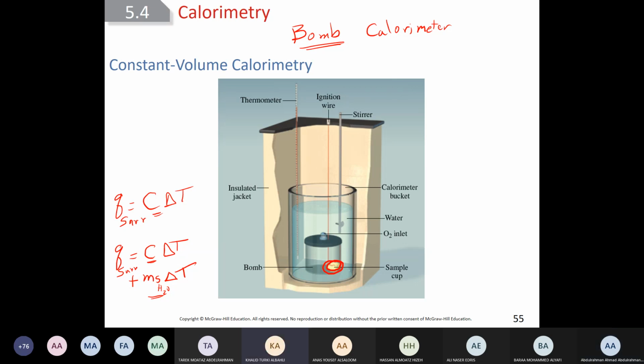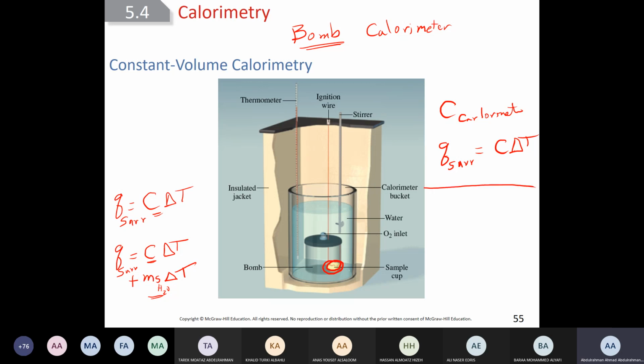Why do we do this? It's possible that he gives you C of the calorimeter, and he did not give you any other information. What will be Q of surrounding in this case? C delta T. Clear?